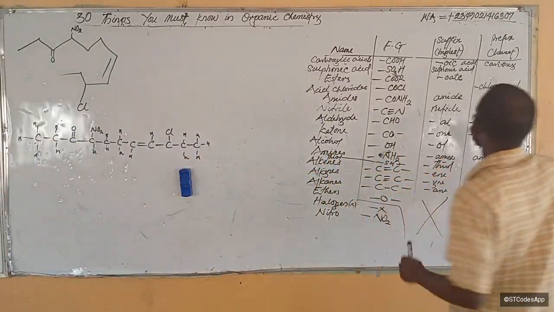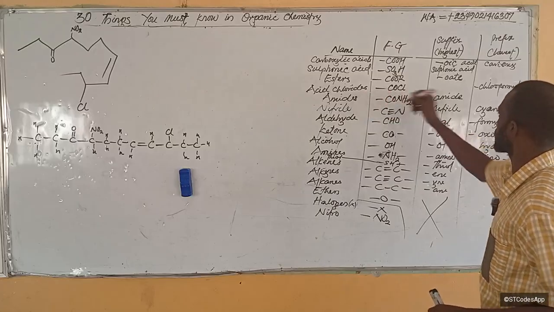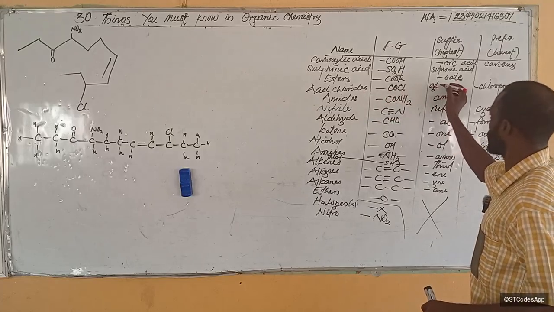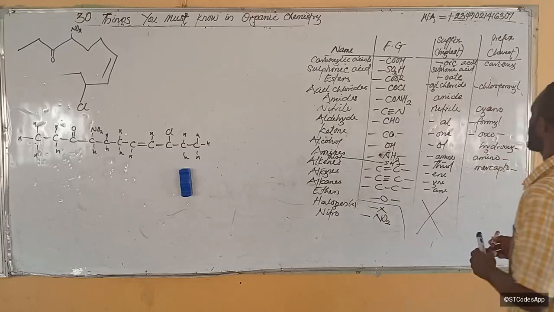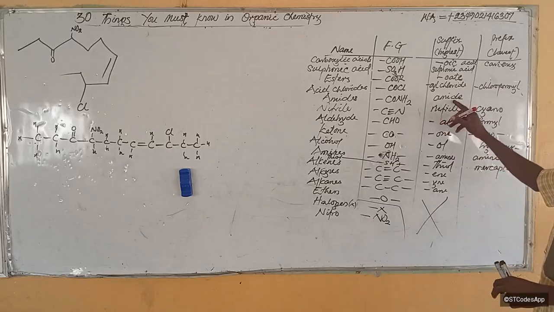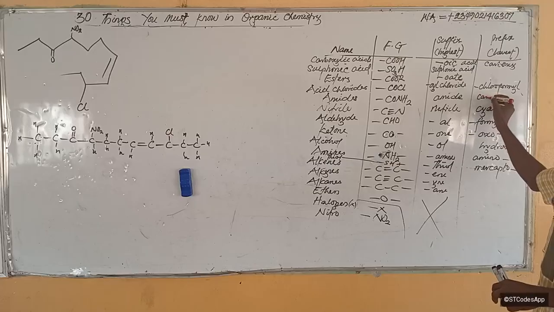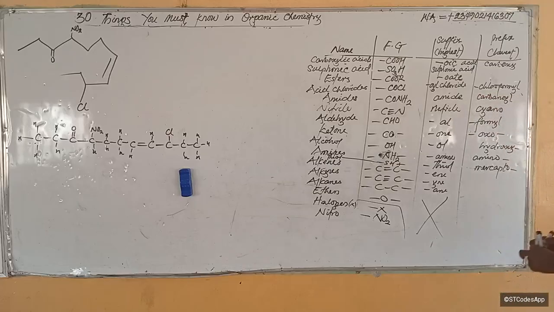The suffix for acid chloride is oyl chloride, and the prefix is chloroformyl. Then this one is carbonyl. That's amide.